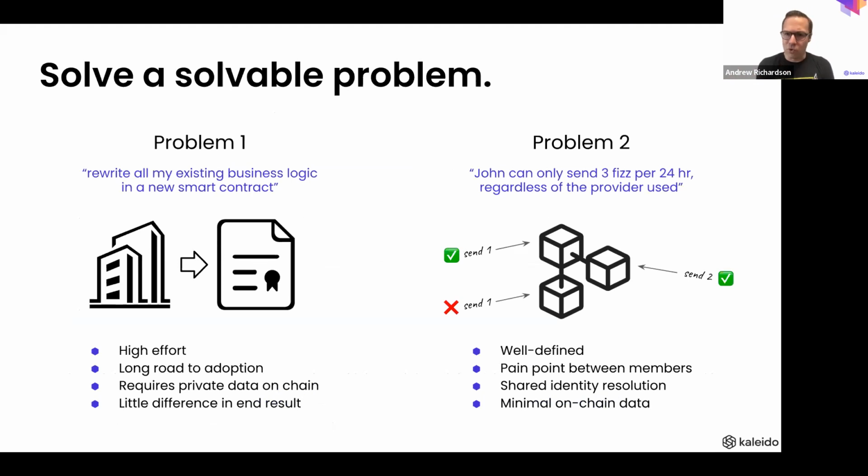So to make it a little bit more concrete, maybe just some arbitrary problems here. Problem one is one that I've definitely tried to solve and have seen other people try to solve. And it says, okay, I have an existing business process. Why don't I just take that business process and convert it to a smart contract, put it on the blockchain, and then I'll get all these benefits that people are telling me I'll get from the blockchain.